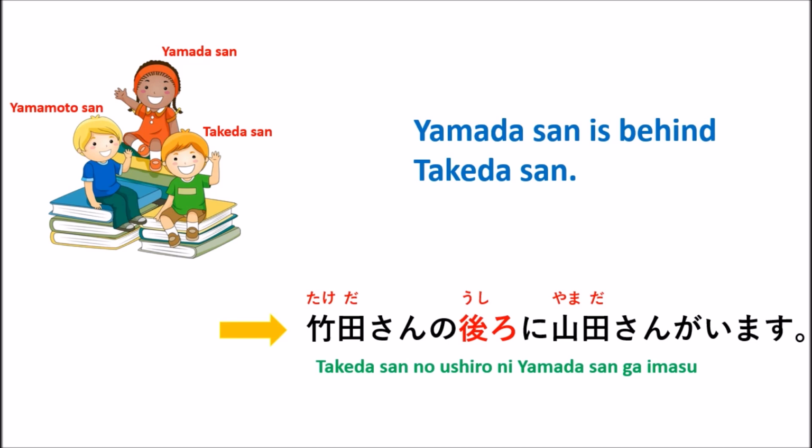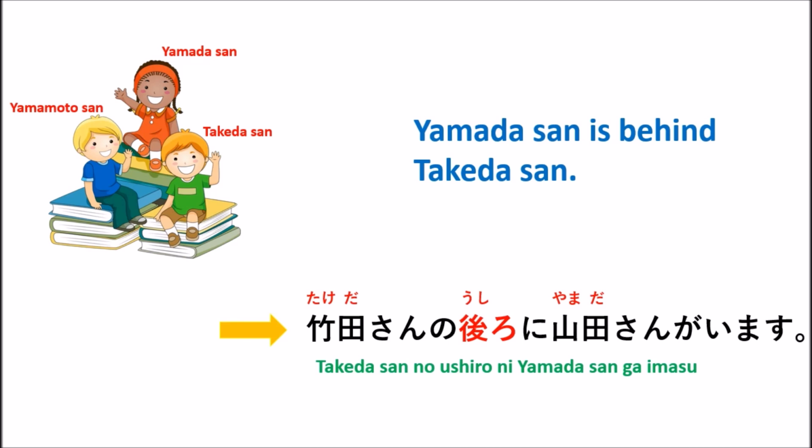Yamada-san ga imasu. Imasu means there is or there are, for a person, right? So in this case, it means Yamada-san is behind Takeda-san. And when we create the sentence, we can say Takeda-san no ushiro ni Yamada-san ga imasu.